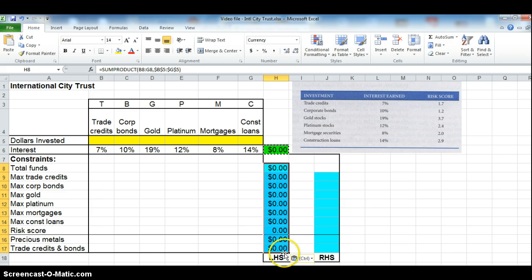Now that we've written the constraint, we're ready to come in and actually write the value constraints. The total fund, the total amount that we have to invest, has to be less than or equal to $5 million.